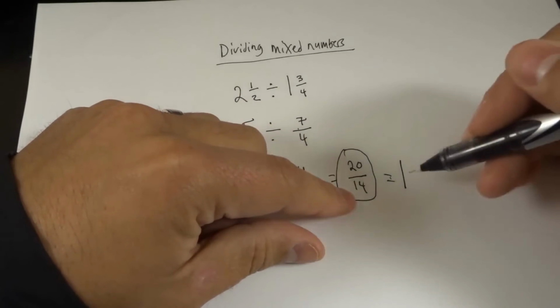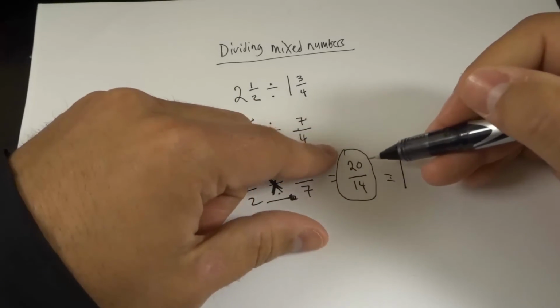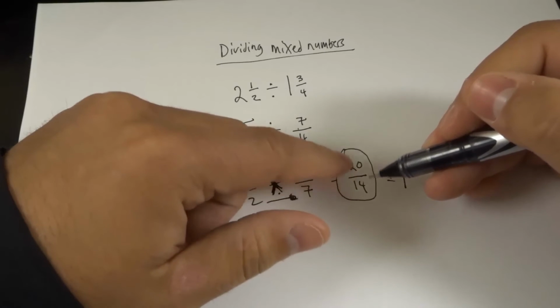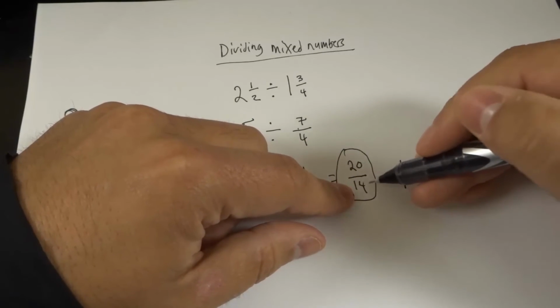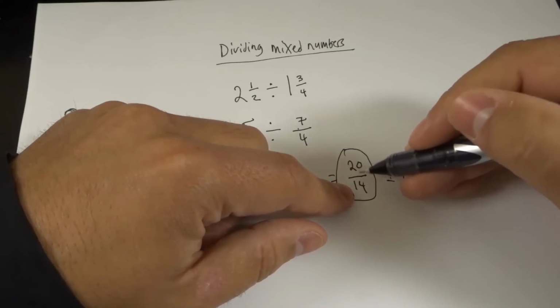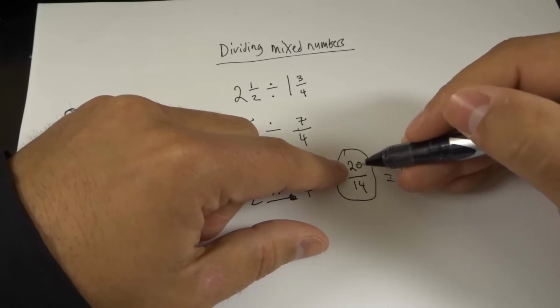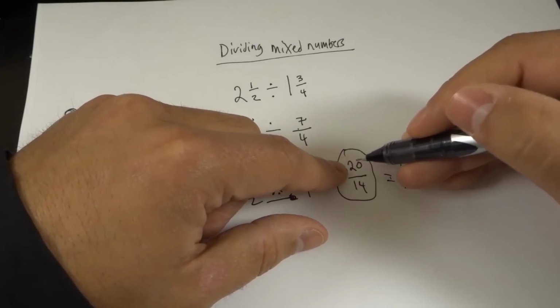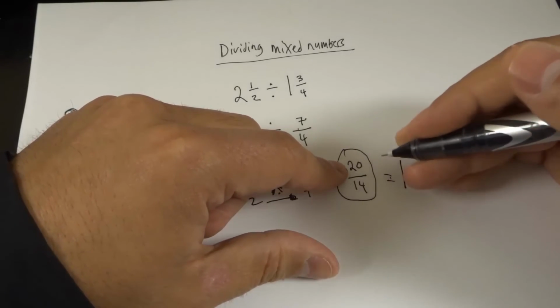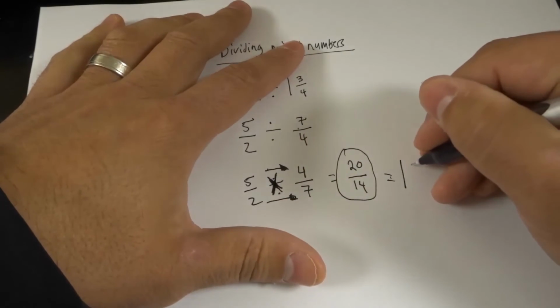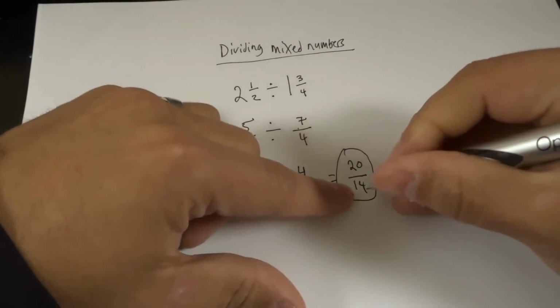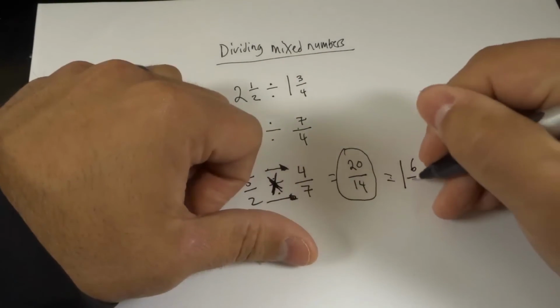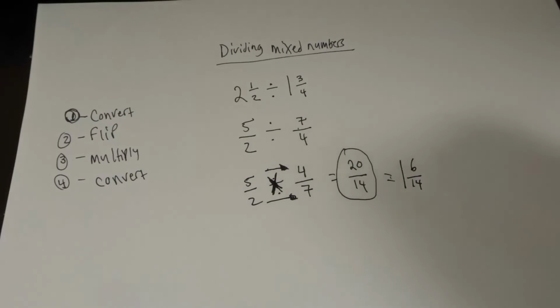So we put 1 right there because 14 goes into 20 one whole time. So how many times does the bottom number go into the top number? 1 whole time in this case. Then we figure out what number is left over. We took 14 away from 20, because it went in 1 time, so there are 6 left over. So now our fraction for the mixed number is 6 over the same denominator, 14, 6/14.